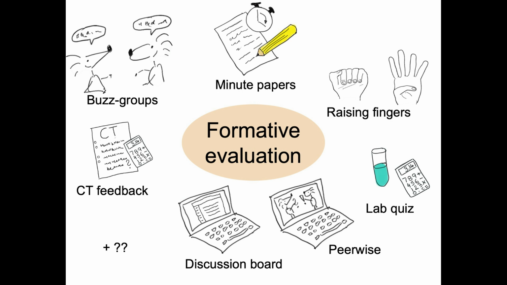We use a range of different kinds of formative evaluation. For example, buzz groups, raising 0 to 5 fingers in the classroom to answer quick questions, lab quizzes, your hand-ins on compulsory tasks, and the feedback we give you, etc. We also use PeerWise, but more on that in a few minutes.